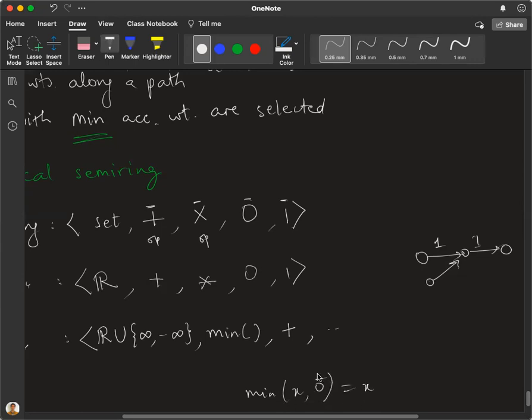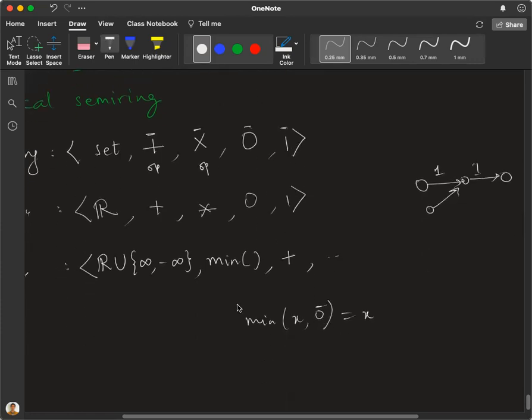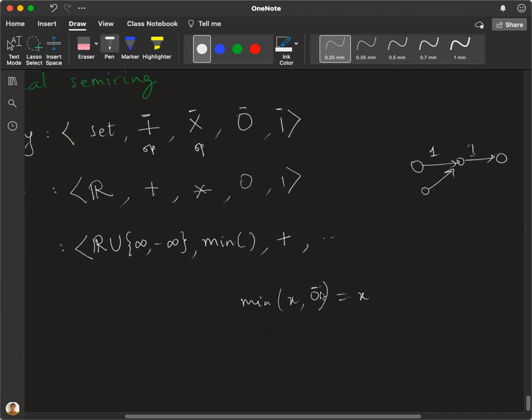And what is that number? Can anybody suggest? Minimum of x comma something is equal to x always for all values of x. What should this be? This should be infinity, right? Plus infinity. That's what you get.